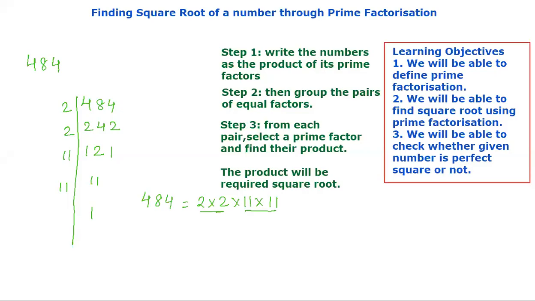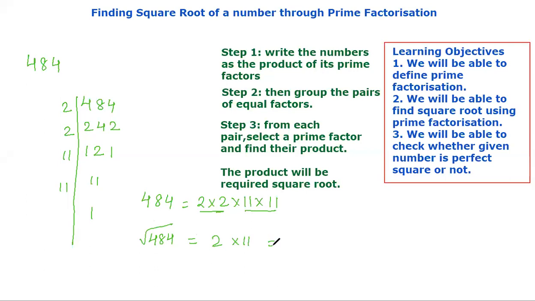Now what is the third step? The third step is from each pair select the prime factor. So now we are going to write the square root sign, right? So now what we have to do, from each pair we have to select a prime factor. Same numbers are there since it is a pair of equal factors, and from here I will be selecting 2, and from here I will be selecting 11.